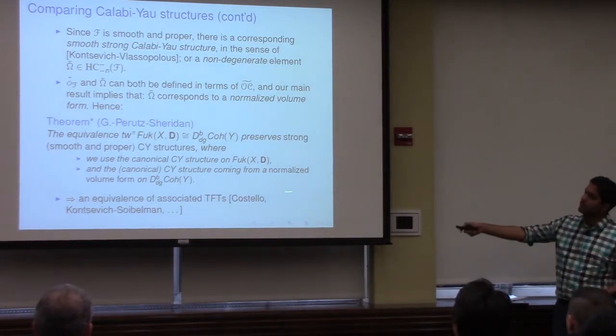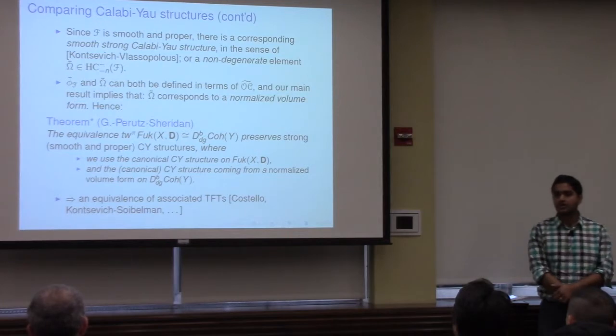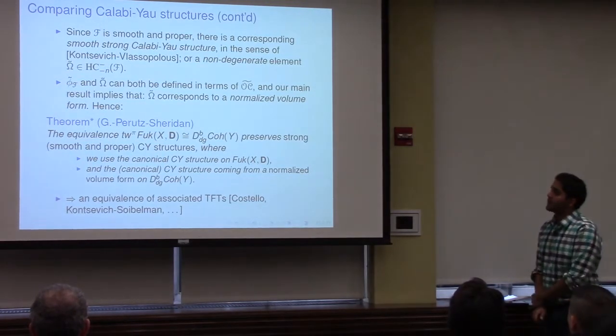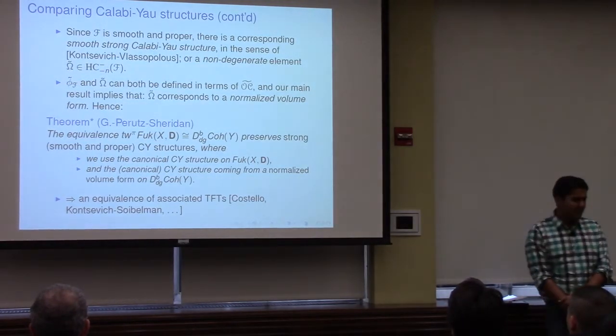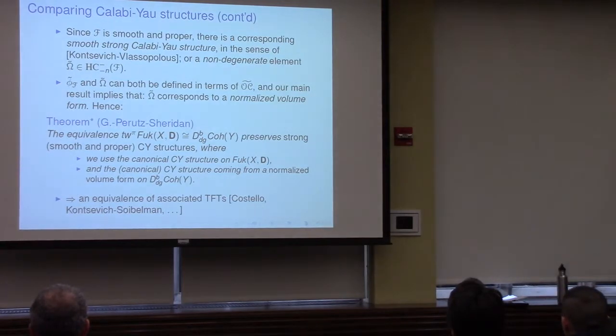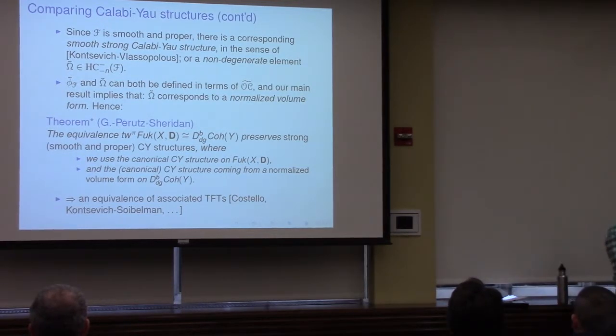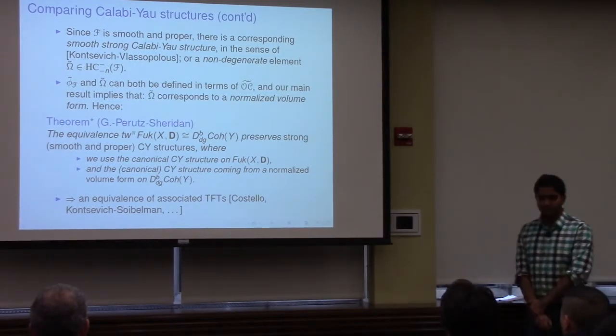And on the mirror side, we use a Hodge theoretically normalized Calabi-Yau structure, which we get from the geometry because we have these Hodge structures sitting around. We don't need to appeal to the symplectic side or pick it out of thin air. And so in particular, in the sense of Costello or Kontsevich-Soibelman, we get an equivalence of associated topological field theories, again, controlled by open moduli space at this point. Not compactified, open moduli space.